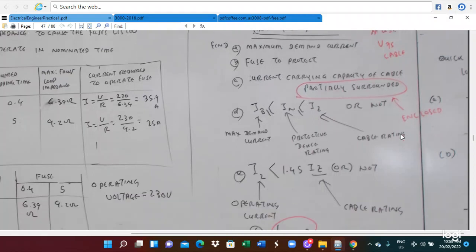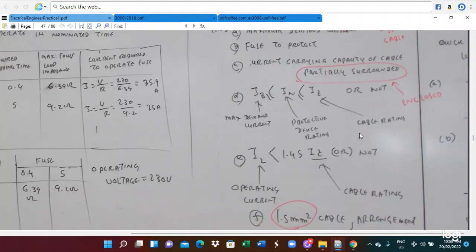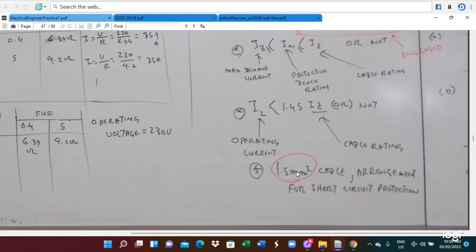So IB, the maximum demand current, must be less than the protective device rating IN, and it must be less than the cable rating IZ. And also I2, the operating current, must be less than 1.45 times IZ, the cable rating. So these two formulas must be certified. The cable is 1.5 millimeter square cross-sectional area.